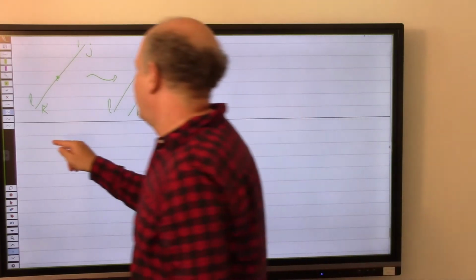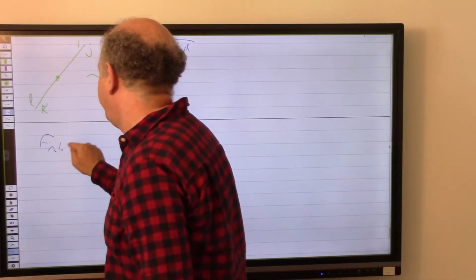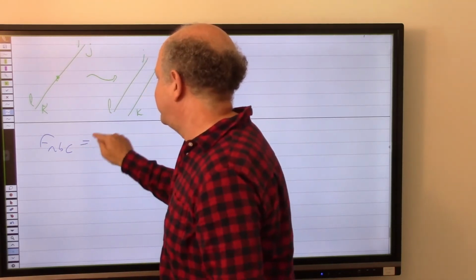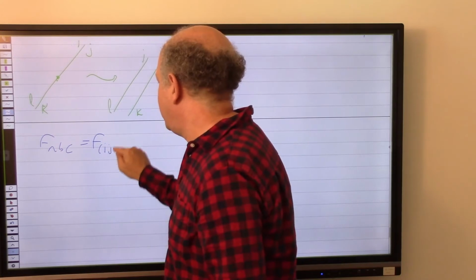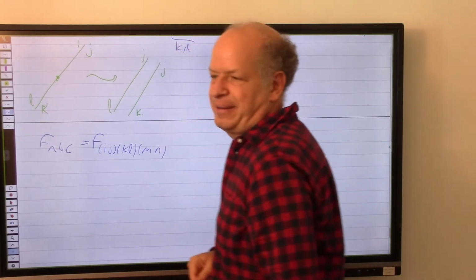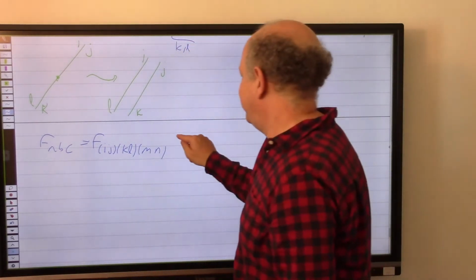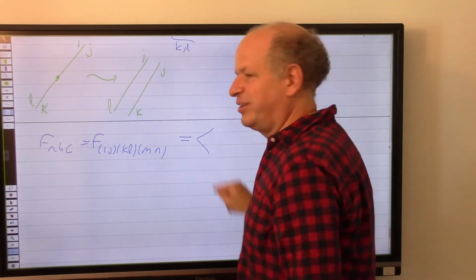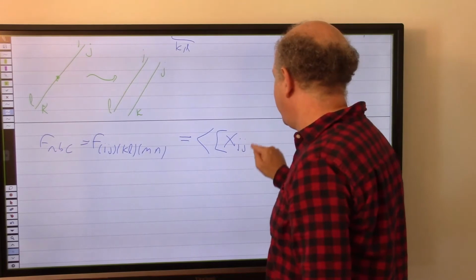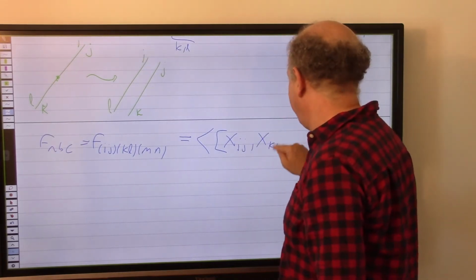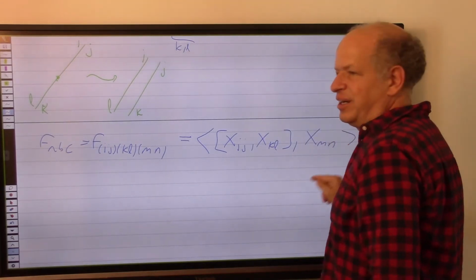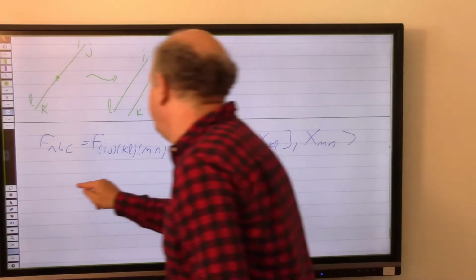Good. Having done this, next I need to figure out the structure constants. So I need to find out what is f_ABC, or more precisely, it's f_ij,kl,mn, and this is the inner product of the bracket of x_ij with x_kl, with x_mn, but we already have all the information.